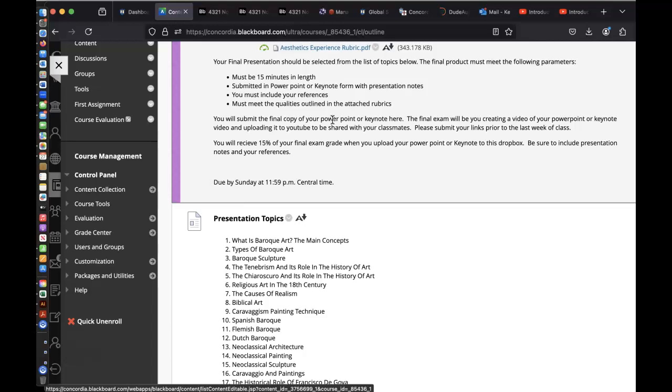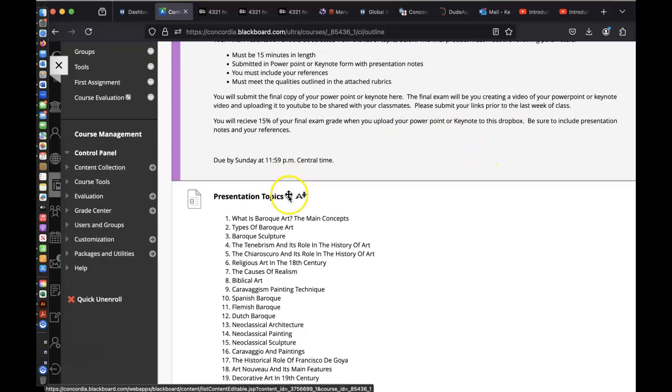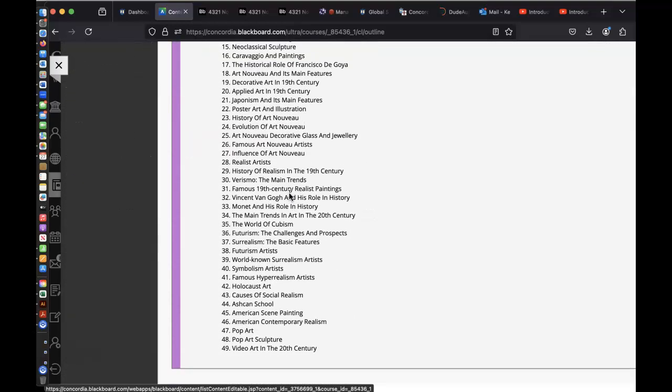You need to include your sources at the end, and you also need to have your notes. So your presentation notes should be in the presentation note form. And so 15% of your grade will be actually dropping that into the Dropbox. So you have the keynote or PowerPoint that you're going to put into the Dropbox, due by Sunday.